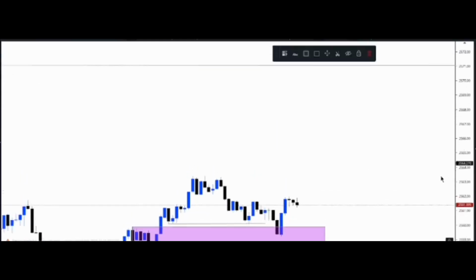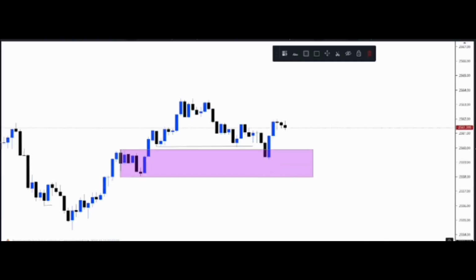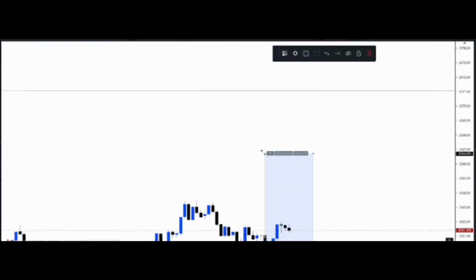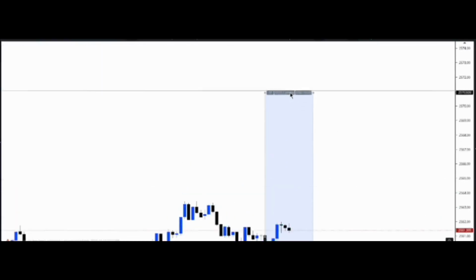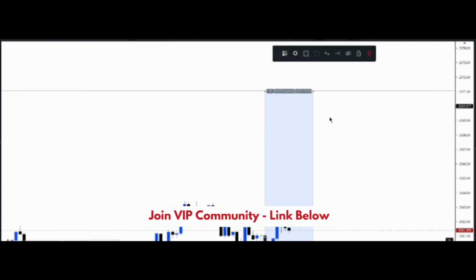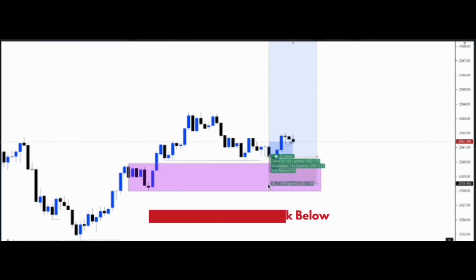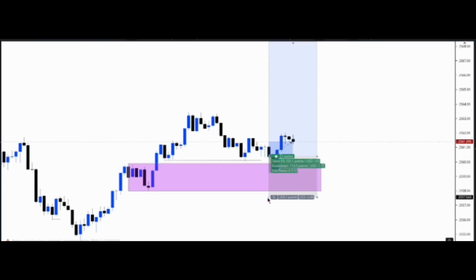So we can frame this trade actually from here to go long. Our first TP is here. Stop loss is right below here.